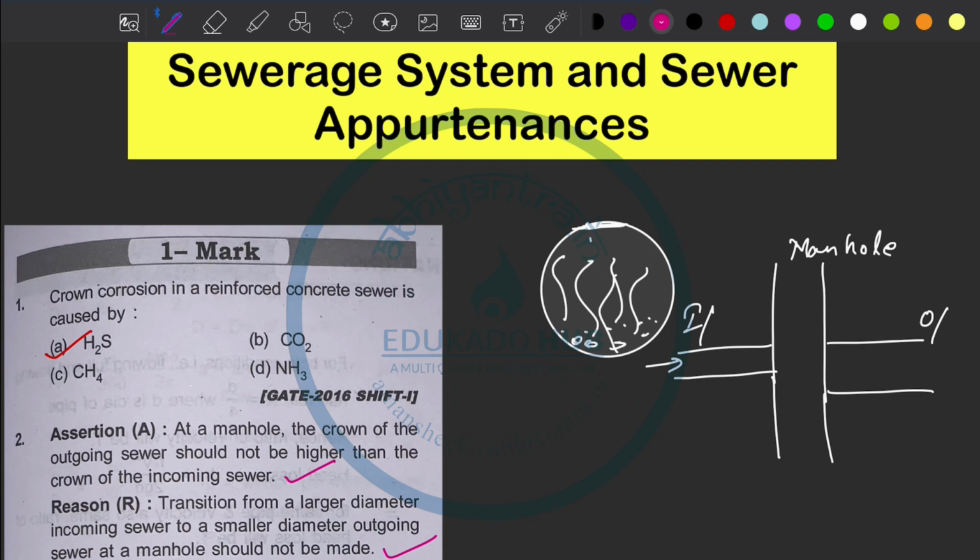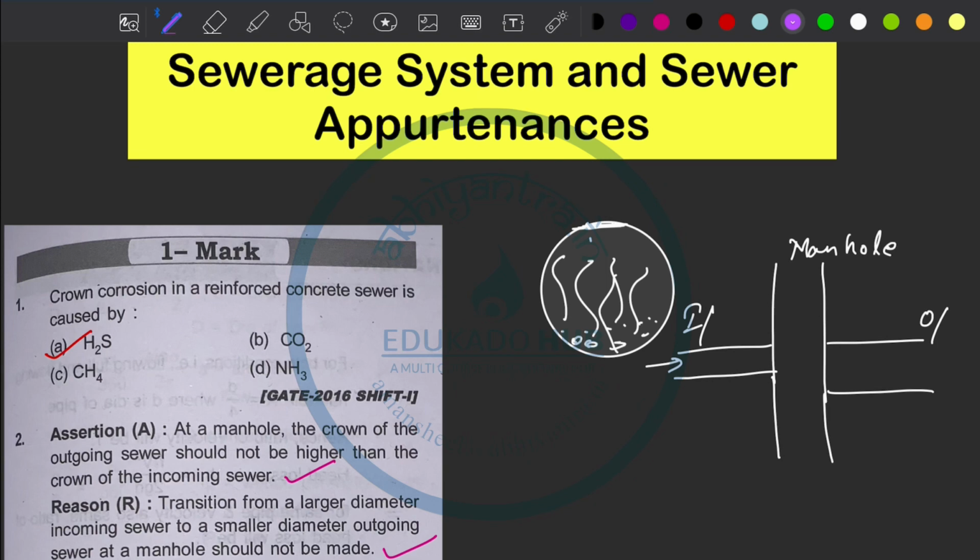See, at a manhole, the crown of the outgoing sewer should not be higher than the crown of the incoming sewer, because if incoming is on the lower side and outgoing is on the higher side, that means sewage will back up, there will be backflow, and this incoming will be choked. So this should be avoided. And then the transition from a larger diameter incoming to a smaller diameter outgoing, that also has the same reason.